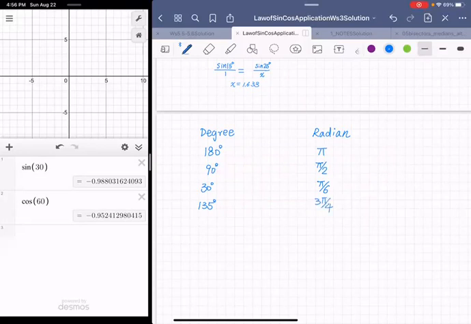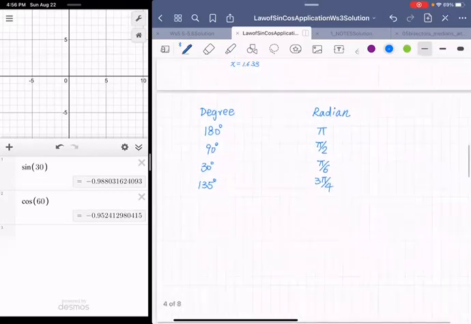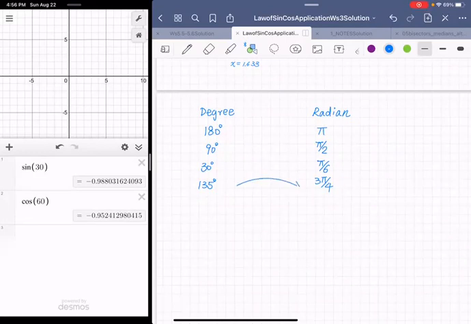Yes. Okay, all right. So to change from degree to radian, if you want to change in this direction, okay, watch out. You are going to do it this way. You are going to times pi and then divide by 180, okay? So from degree to radian, look, this 180 divided by 180 times pi equals pi.